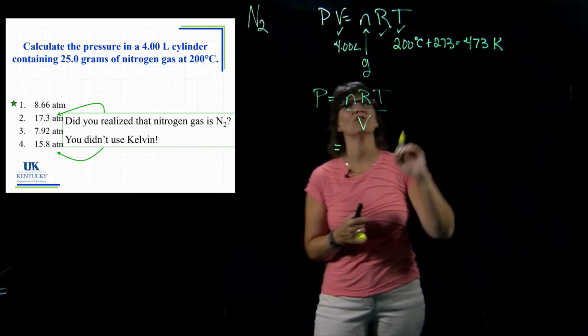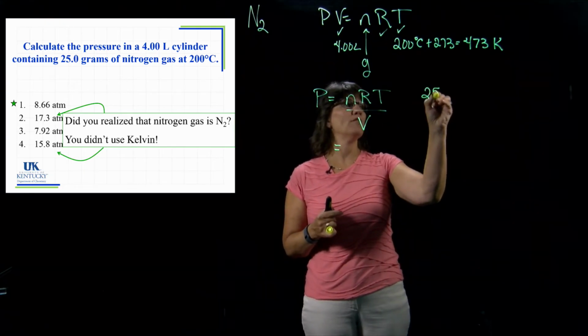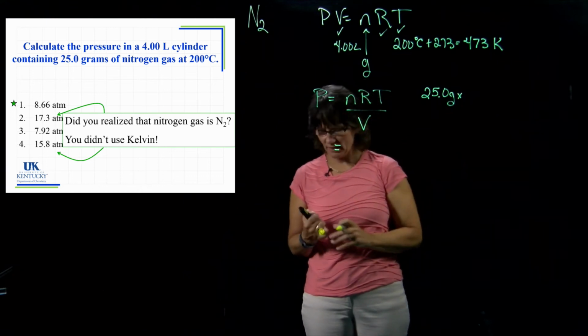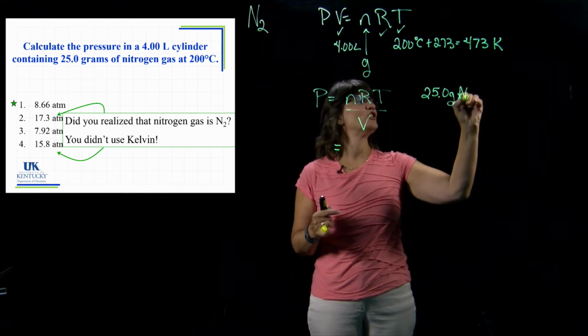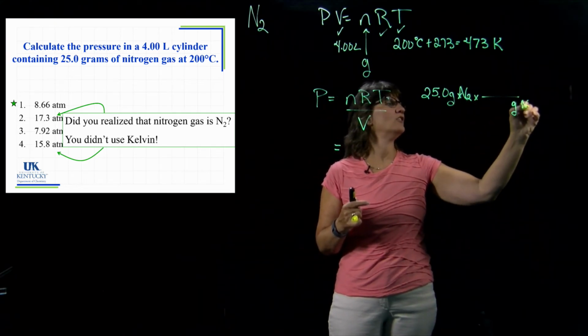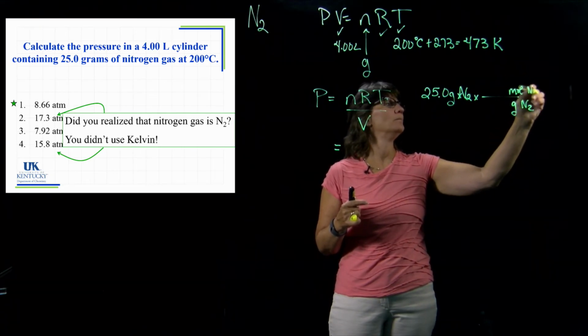So let's come over here to the side, and let's take the grams. 25.0 grams. And this is grams of what? Let's be specific. This is grams of N2. I don't want grams of N2. I want moles of N2.